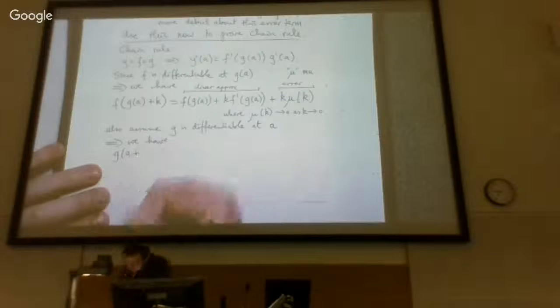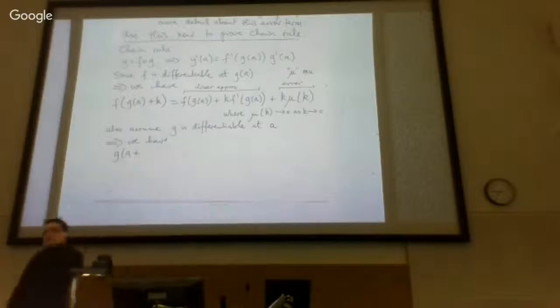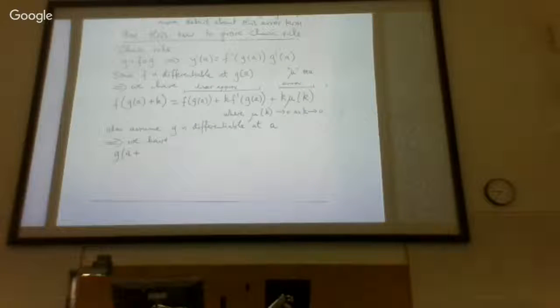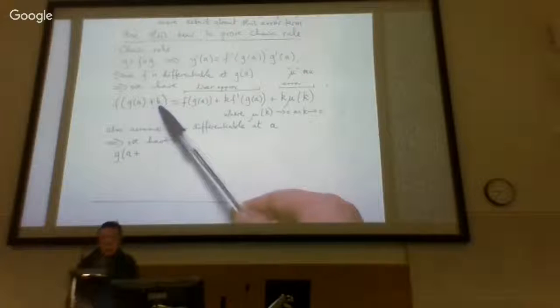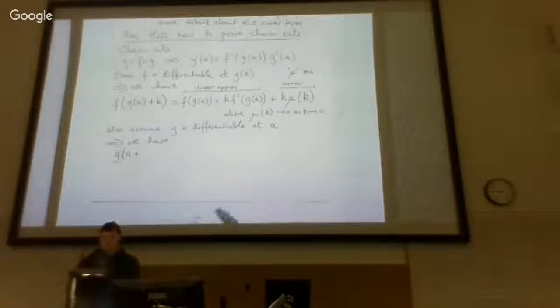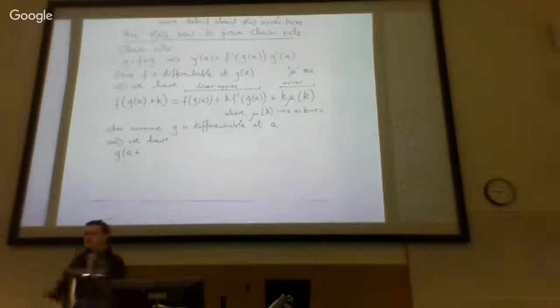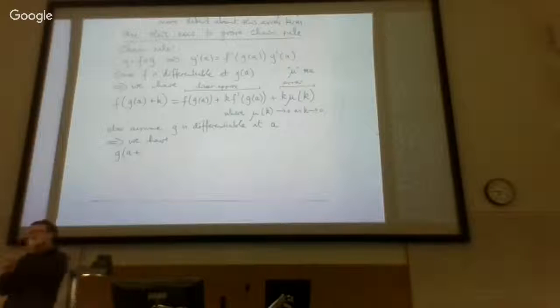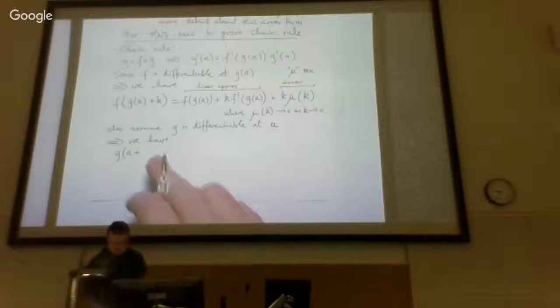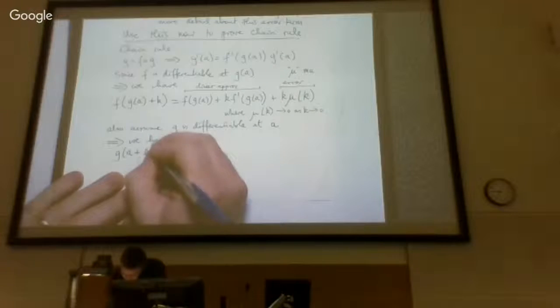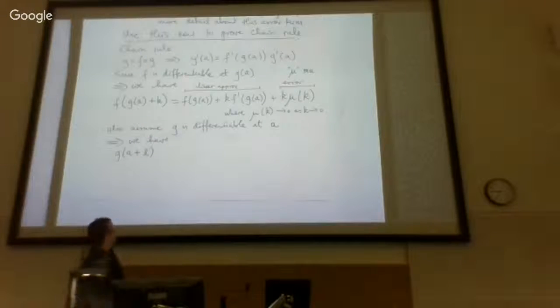This is a plus, now, my little difference of the base point a. I don't want to call it k, because I've already used k for my little difference up here. But if I also use k up here, then the two will be forced to kind of move exactly in step with each other, and I don't want to do that. So I'll just use a different letter. So I'll use an L here.